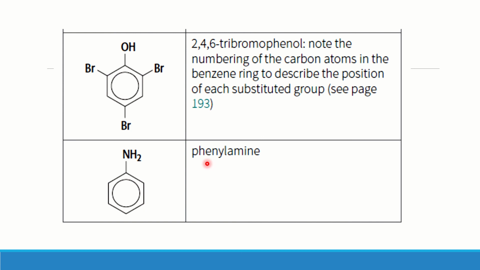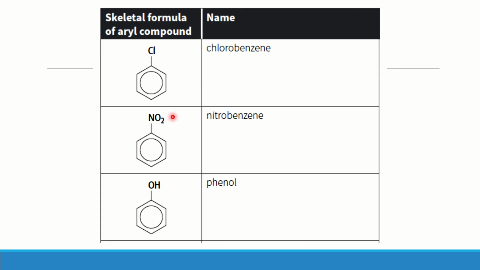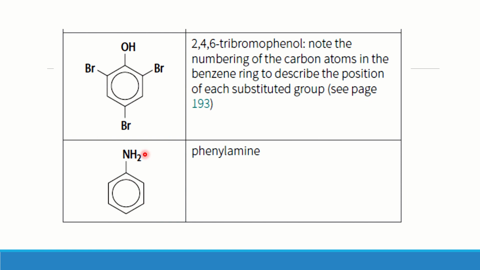And please, this one is NH2, amine. The other one is NO2, that is nitro. So this NH2 is an amine, and since it is directly attached to a benzene, you call it phenylamine. I hope this is very useful for you.